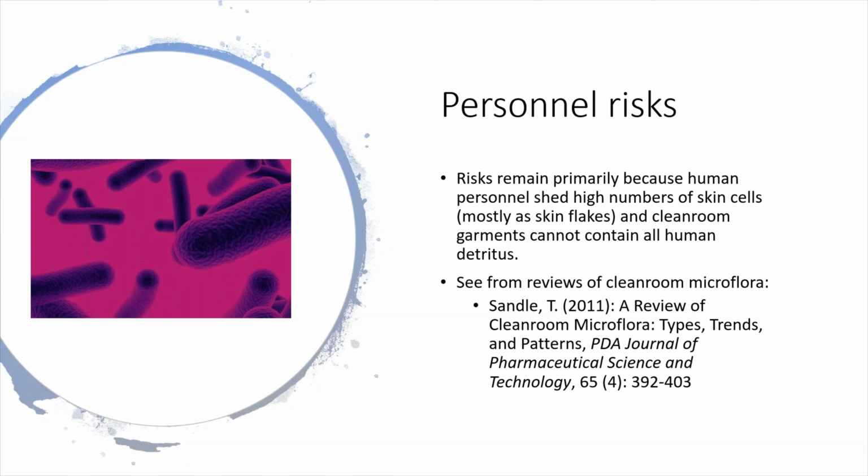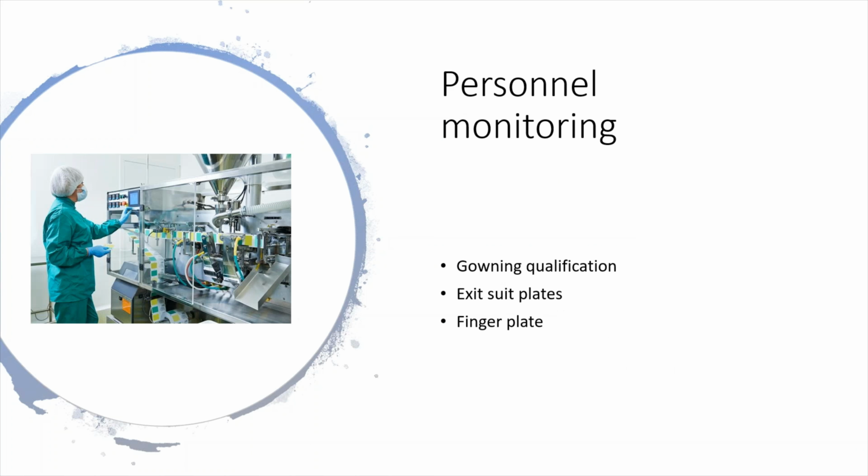Now, we mentioned a little bit about people monitoring, and it is important to undertake gown qualifications, as we mentioned. It's also very important for aseptic areas to undertake exit suit plates. These are agar plates pressed onto the suit as people leave the facility, and there are choices to be made about locations, but it's important that it's done at every exit, and it needs to be at exit because the act of taking the suit contact plate affects the integrity of the gown.